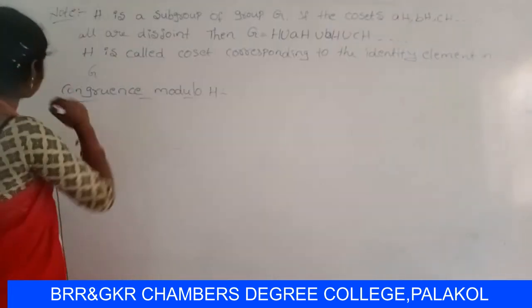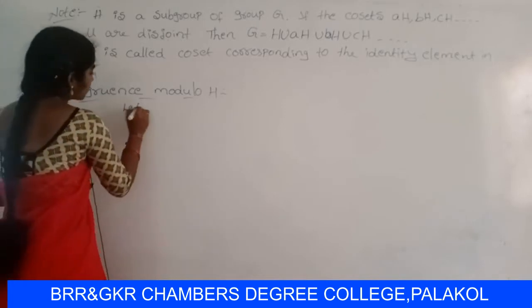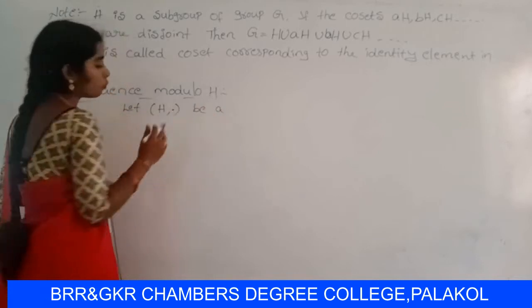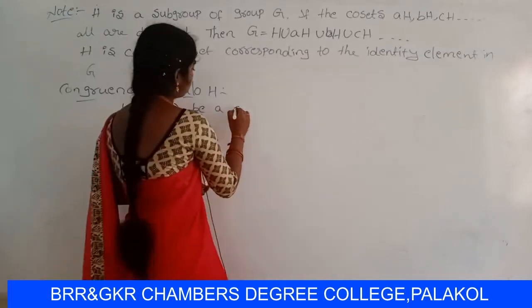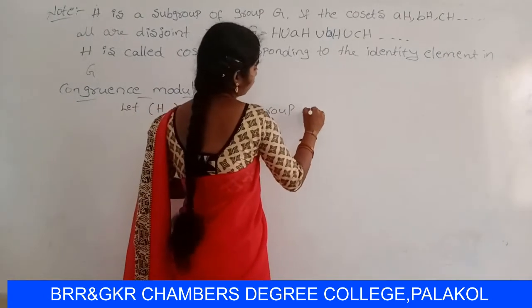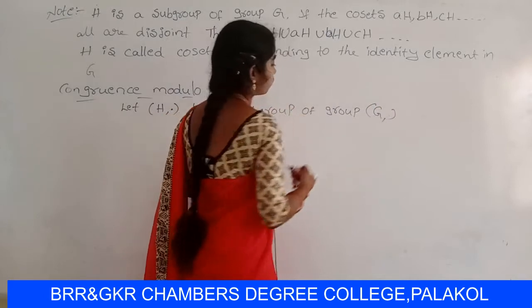Congruence. First, let (H, dot) be a subgroup of a group (G, dot).